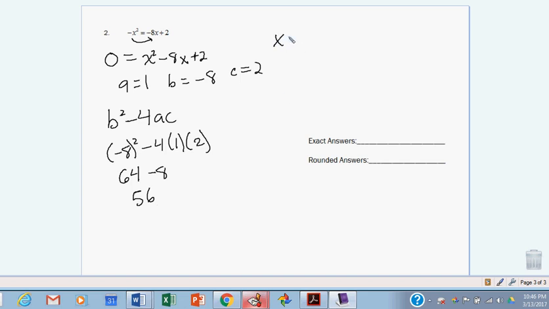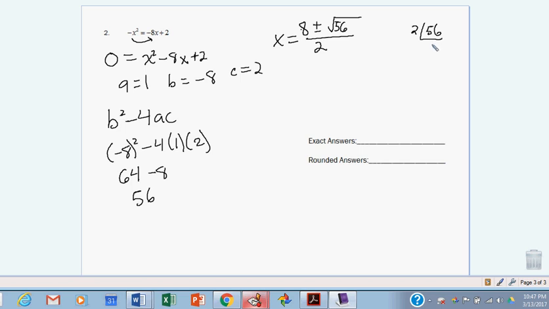Well, when I go to do my quadratic formula, negative b, so that would actually be 8 plus or minus the square root of 56 all over 2 times 1, which is 2. Well, it's a little different this time. I can actually factor 56 now. I can simplify that. So divide by 2, what do I get here?